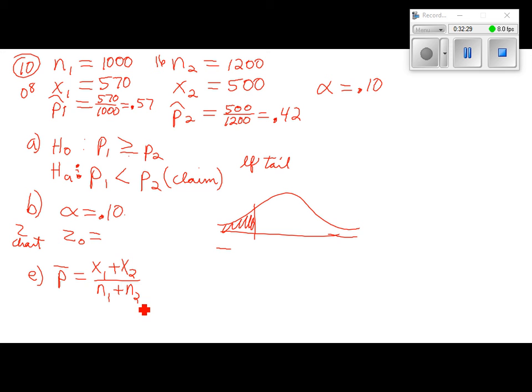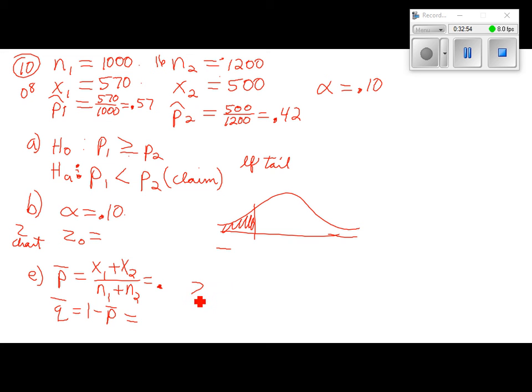And then you find Q bar by doing 1 minus the P bar, whatever you got up here. So you need to know those two. We got our X1s and our X2s, N1s and N2s, all that up there, so you should be able to just plug that into your calculator, find those two.